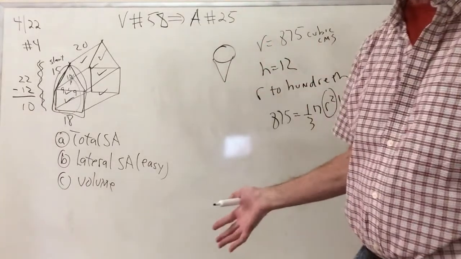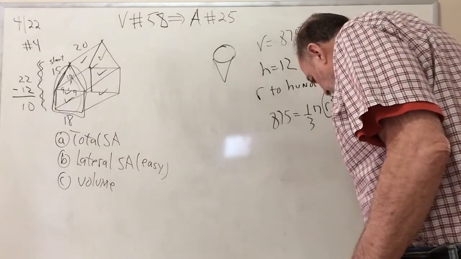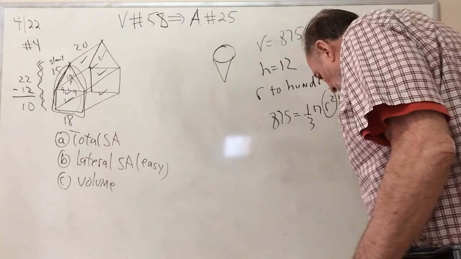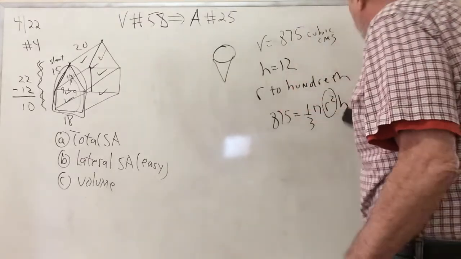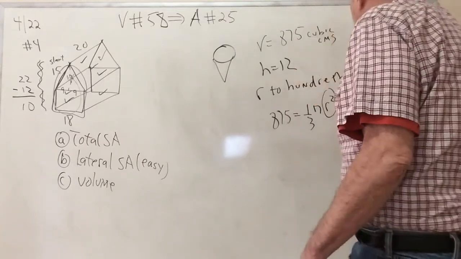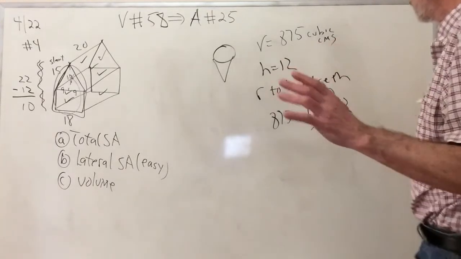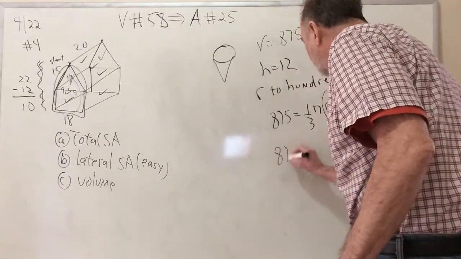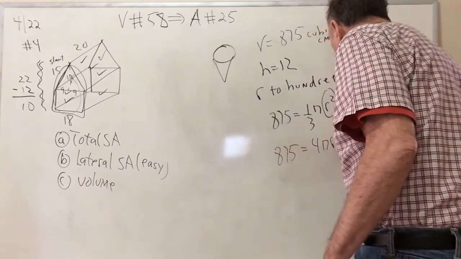You need to understand the basic ideas. In this case I know h, so I don't have to multiply 875 by 3. H is 12, so I always choose the easiest way to do the problem, right? So it turns out to be 875 equals 4 pi r squared.